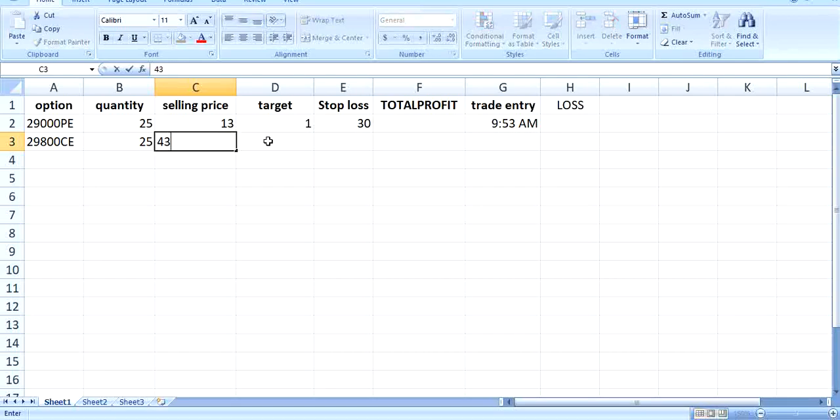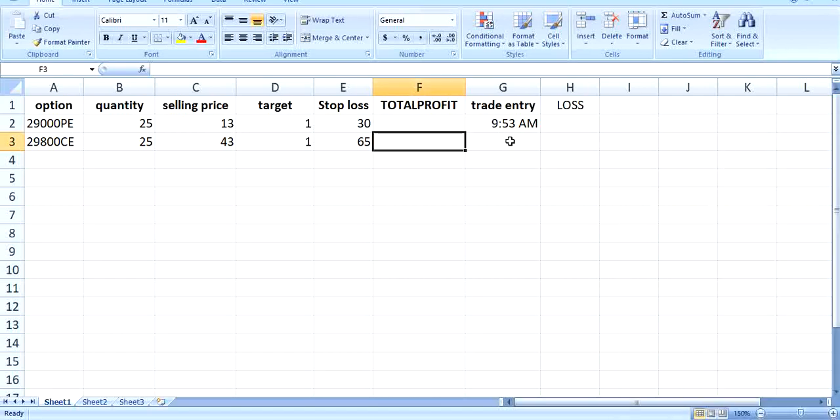First trading at market price 43, and here our target is the same. So what should be our stop loss? Here I am placing a stop loss of 65. Okay traders, and the time at which we took the entry is 9:54 AM.